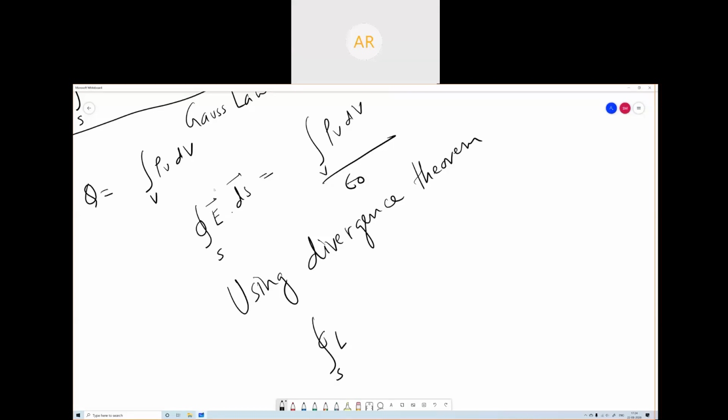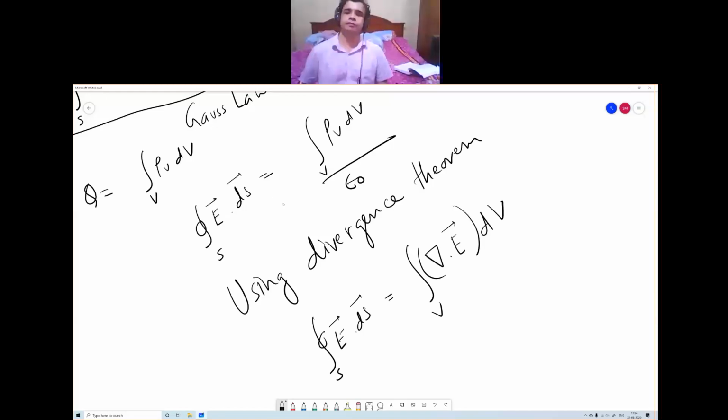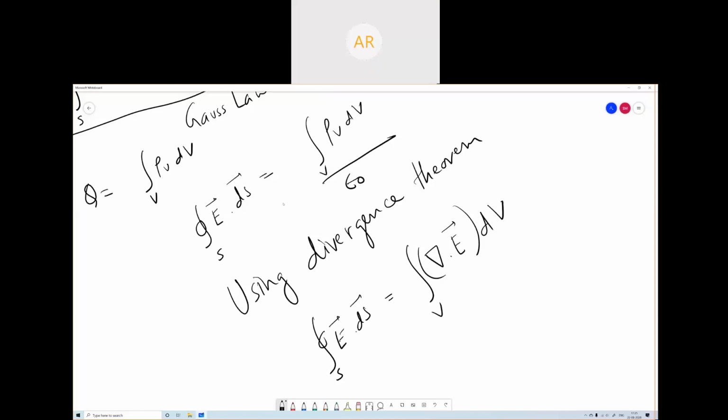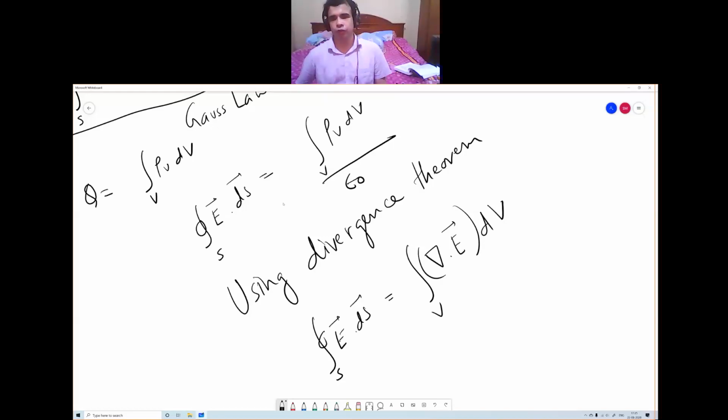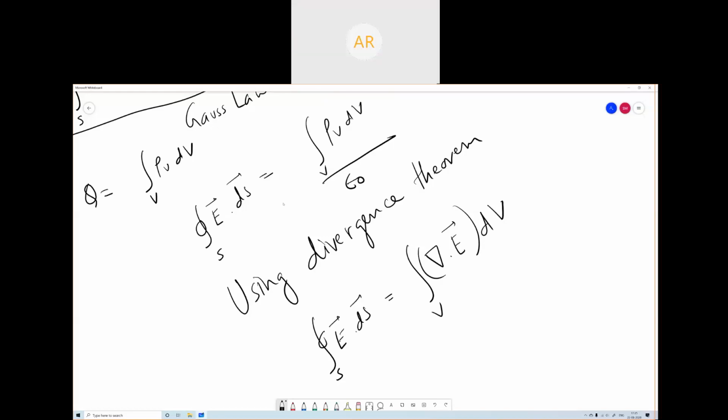S E dot dS is equal to this, we had seen. This is why, for any vector, this we had seen, the divergence theorem. Is it okay? Yes, sir.